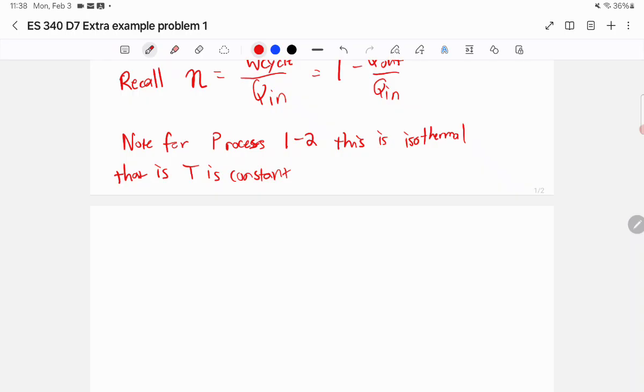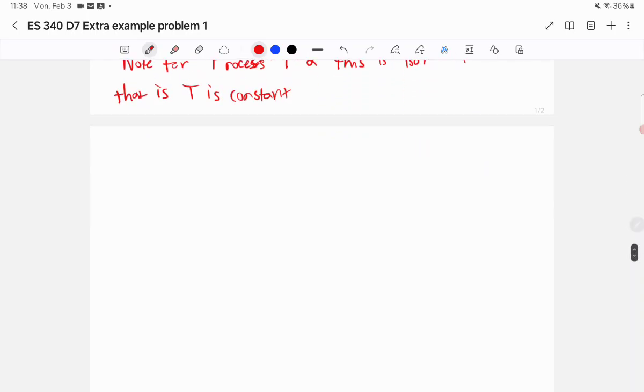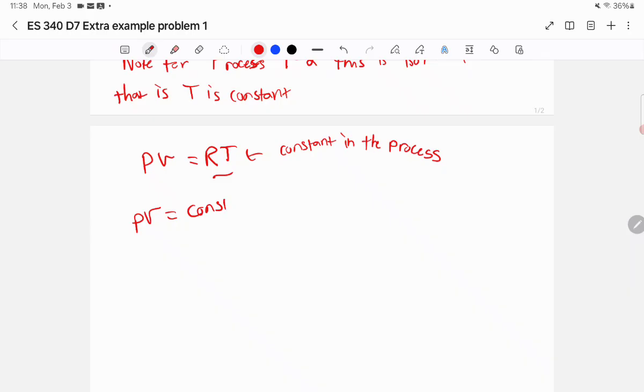Isothermal means T is constant across the process. So if I look at my ideal gas law, I see that PV is equal to RT, but T is a constant in the process. And why is that important? Well, what that means is that RT is constant, because R is also a constant throughout the process. So that means that PV is equal to a constant.